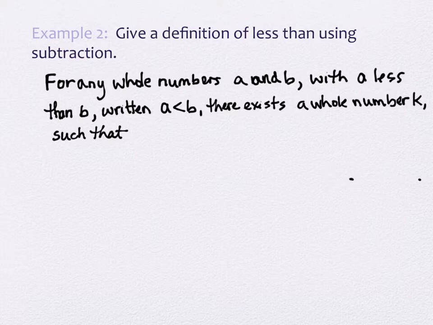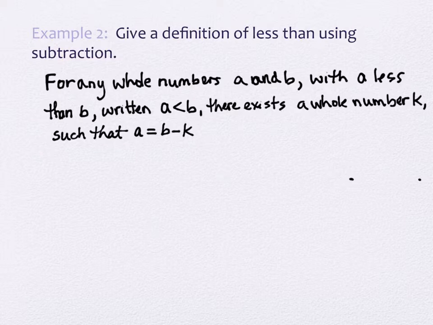This is the only part that changes. A equals B minus K. And instead of adding the K to A, we subtract the K from B. Does that make sense? I believe you get to do a similar question where they ask you to do it for the phrase greater than, which is just the flip around of a less than, right? So it should feel very similar to this.